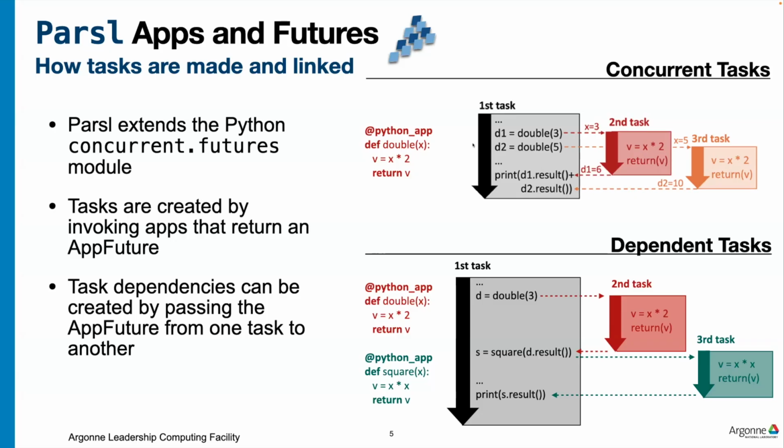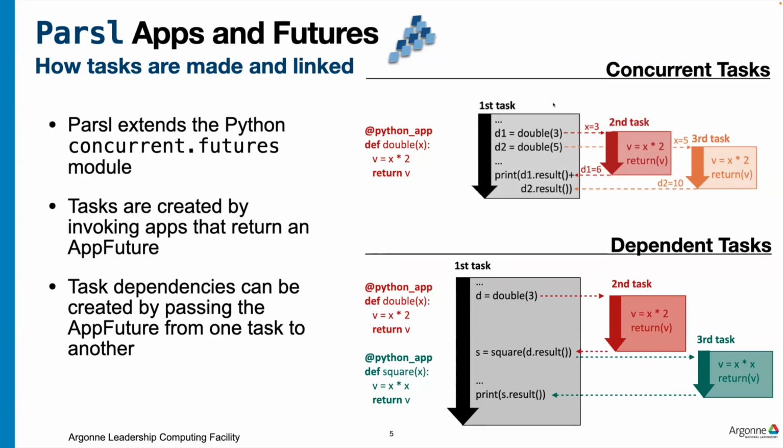However, with Parsl, apps don't actually return the result directly. What they do is return what's called a futures object. The futures object is a proxy for the result that may or may not have yet returned. So what you can do in a Parsl workflow is create many of these futures, all at once.